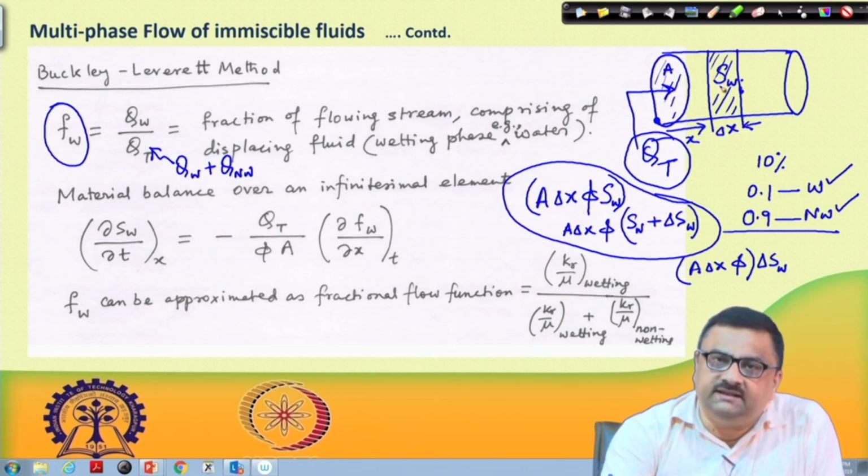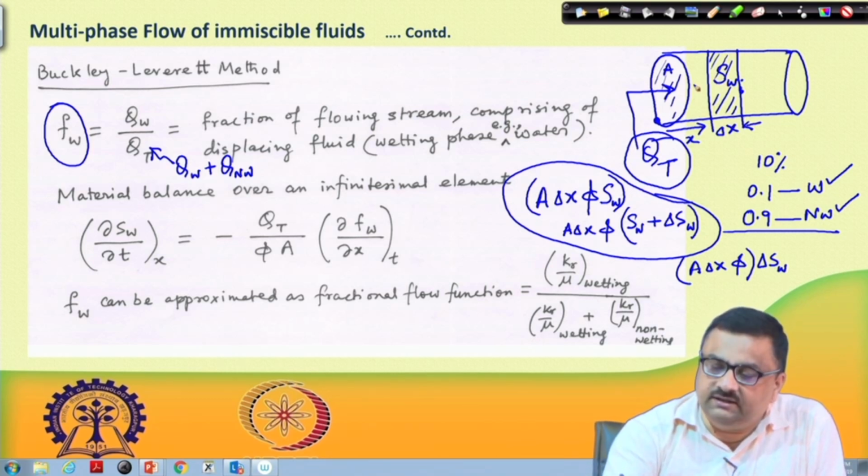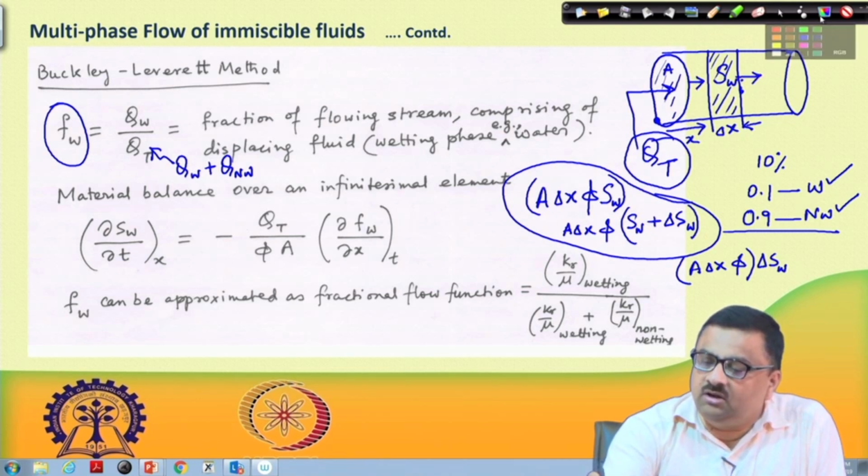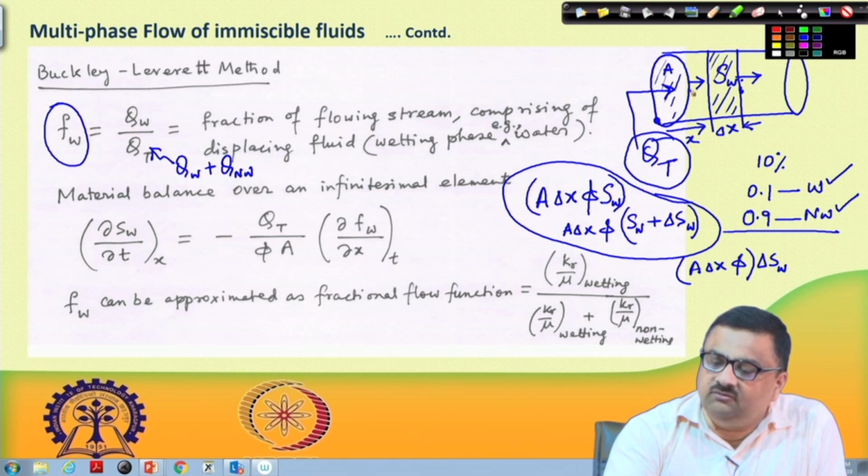And why has this change taken place? This change has taken place, and that is the only reason, because there is a flow in and there is a flow out, and this in minus out is different. So, how much is in?